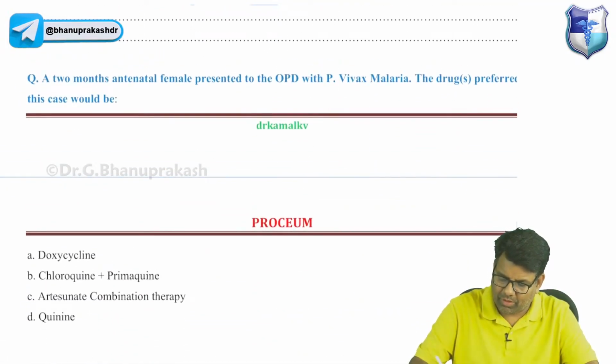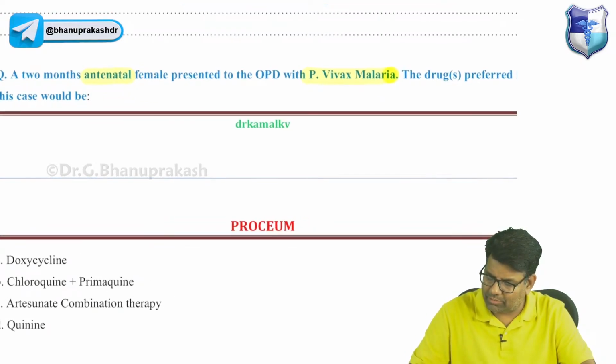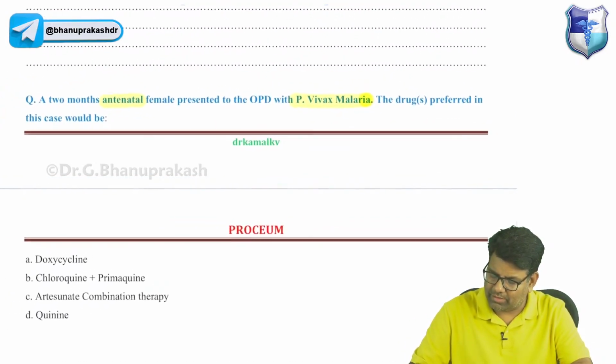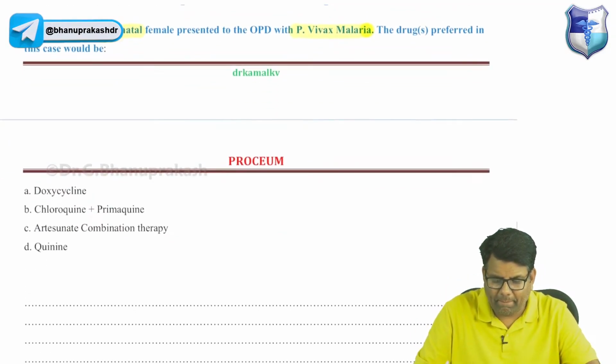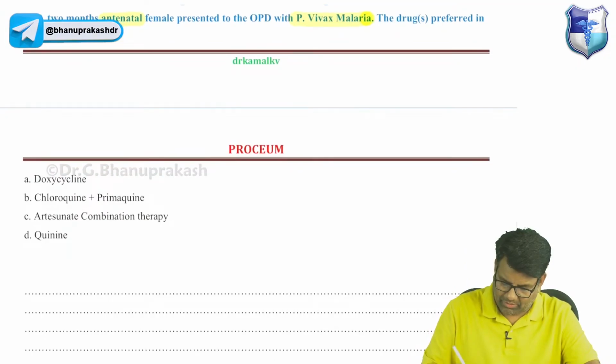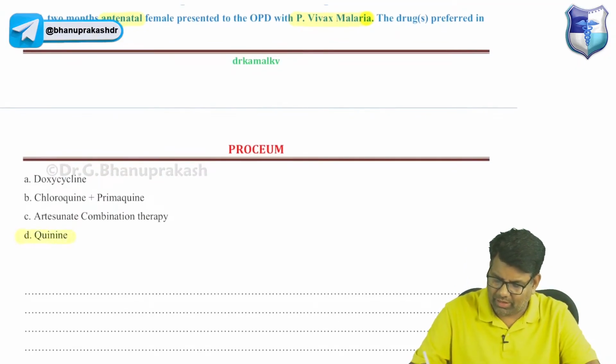Next question. A pregnant lady with Vivax malaria, which drug is preferred in this case? What can be given? Yes, very good. Quinine can be given to a pregnant lady with Vivax malaria. Yes, right.